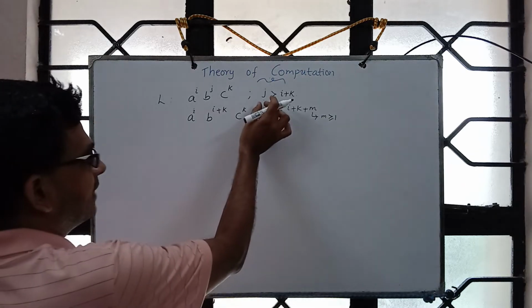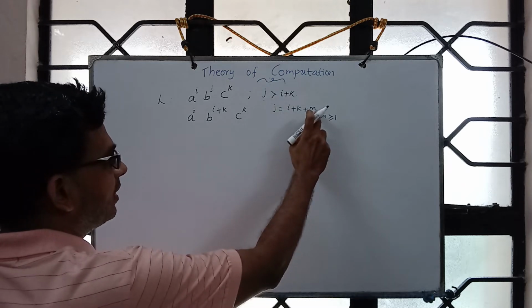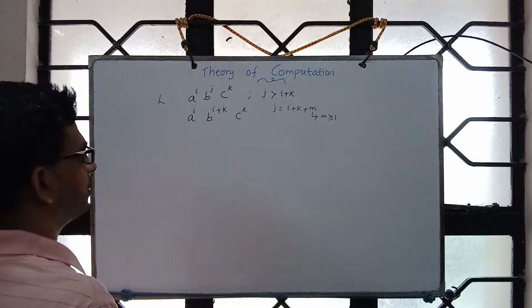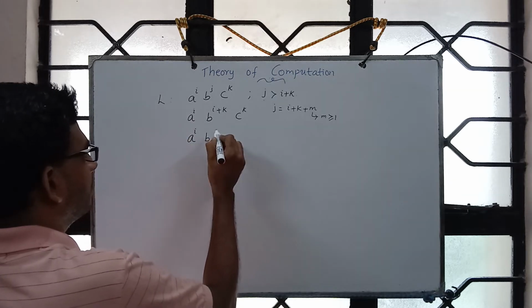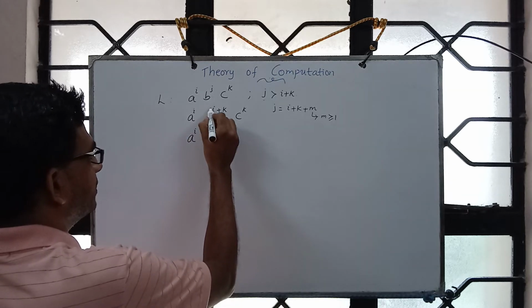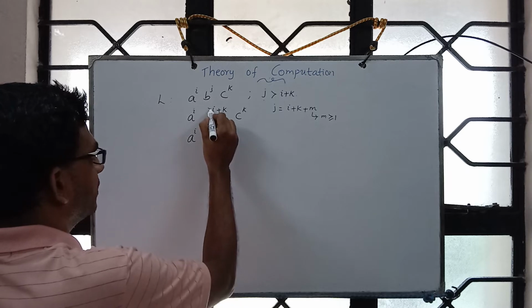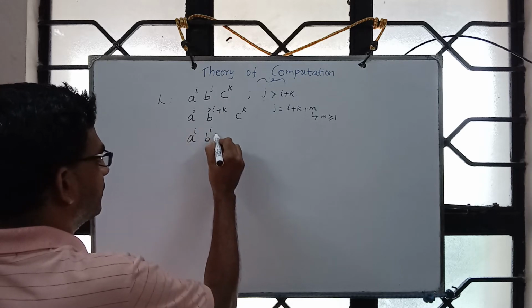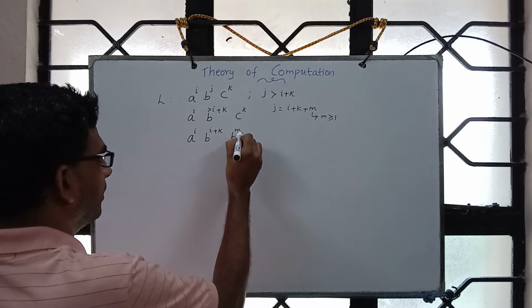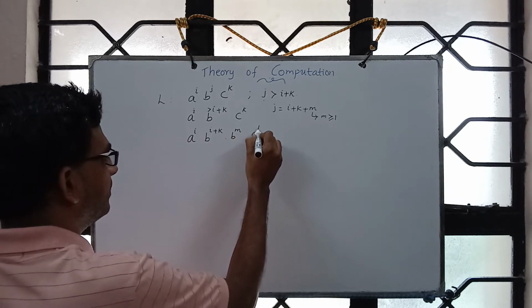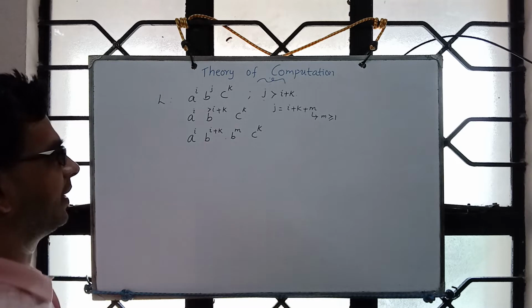Correct? There will be some excess b's that will be captured over here. That's all we are saying. So a^i b^j, this is strictly more, right? So we write this as this followed by b^m times c^k.